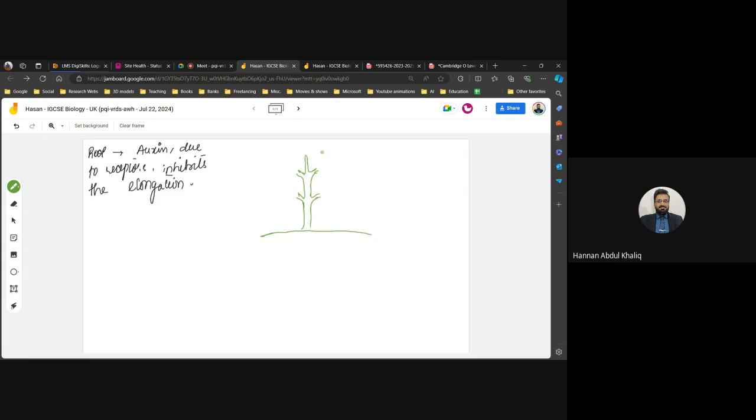Okay. Now, when you would magnify the shoot, you would see that the light is coming from all directions.